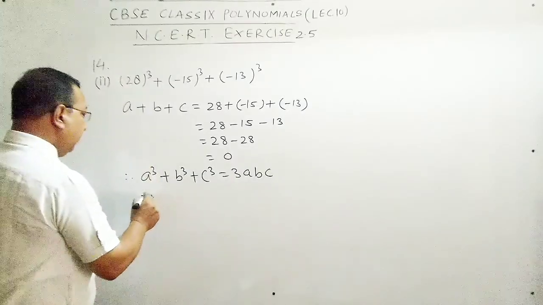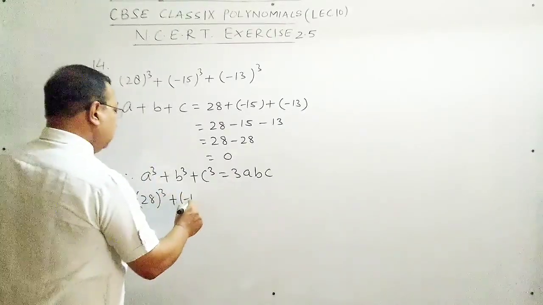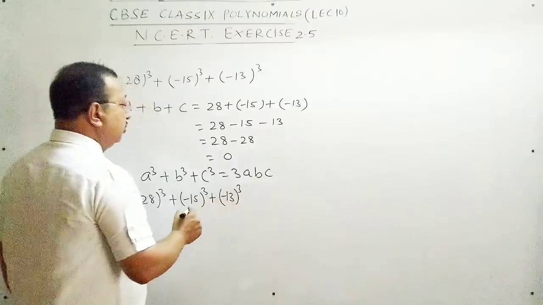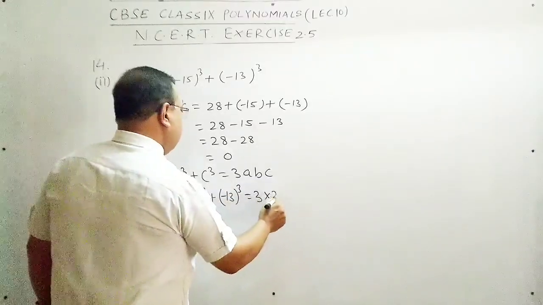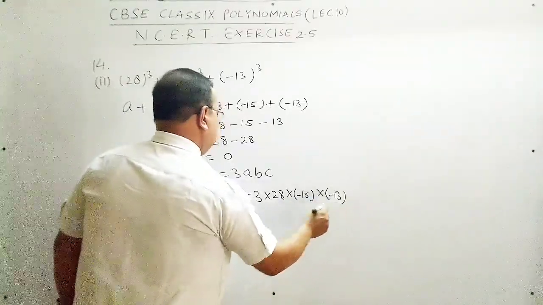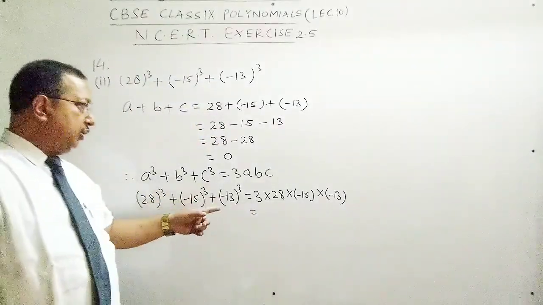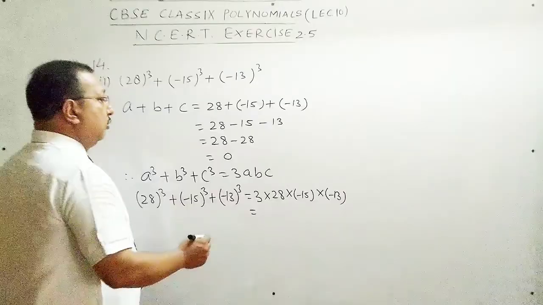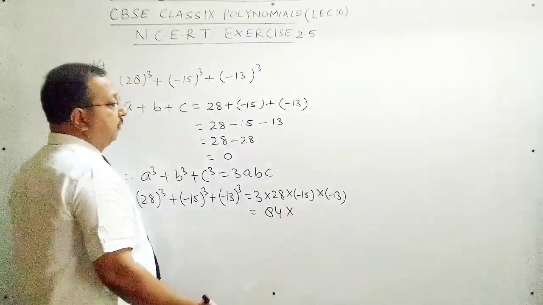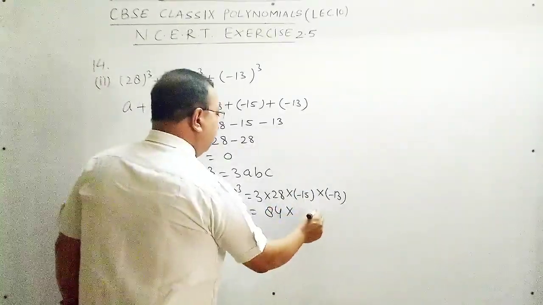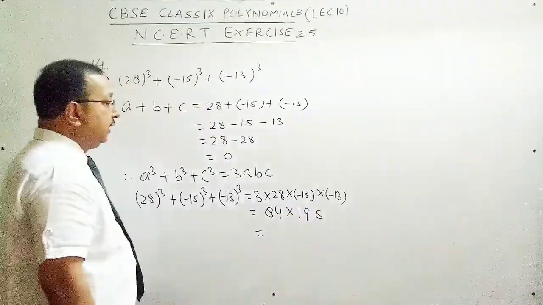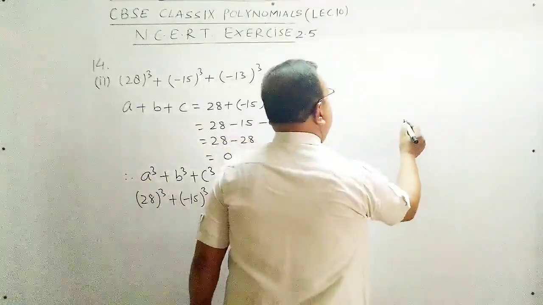That is 28 cube plus minus 15 cube plus minus 13 cube equals 3 into A into B into C. Now multiply 28 into 3, 84, minus minus plus, 15 into 13. 15 into 3 is 45, carry over 4. 15 into 1 is 15, 4 19. And now we have to multiply 84 and 195.